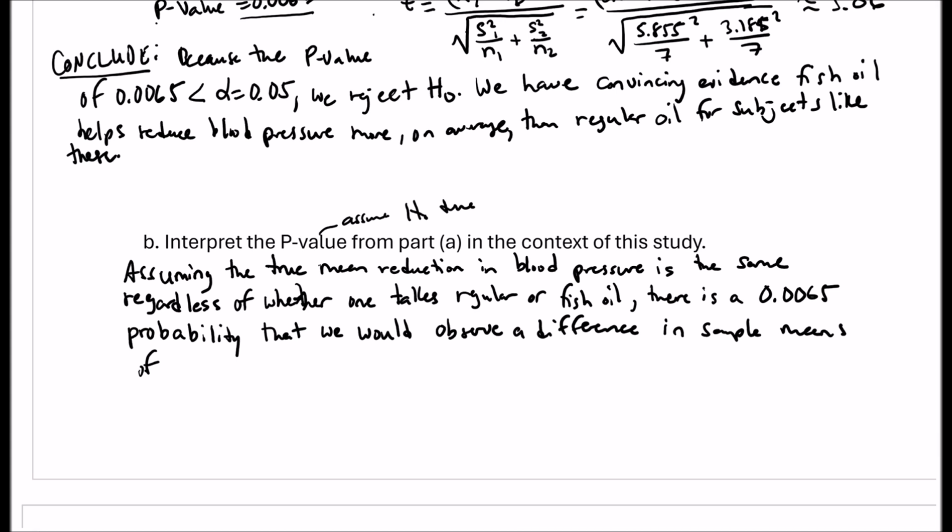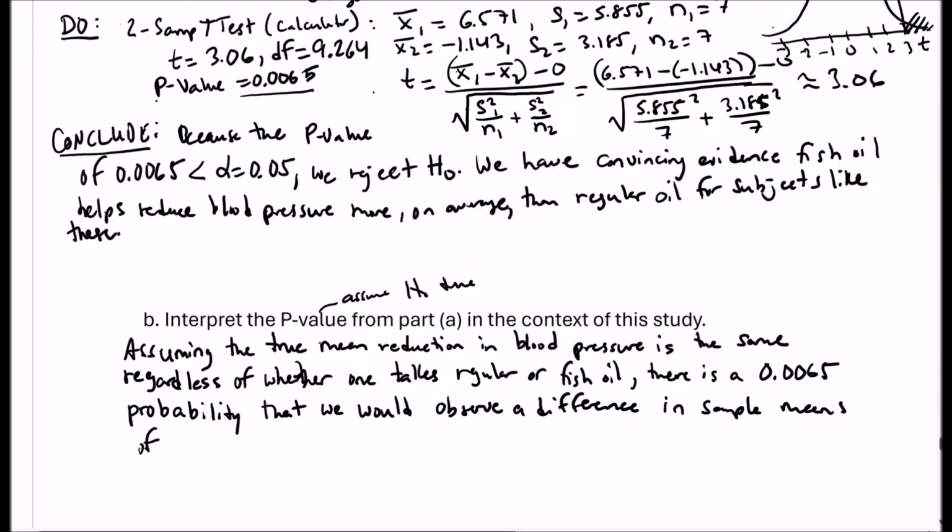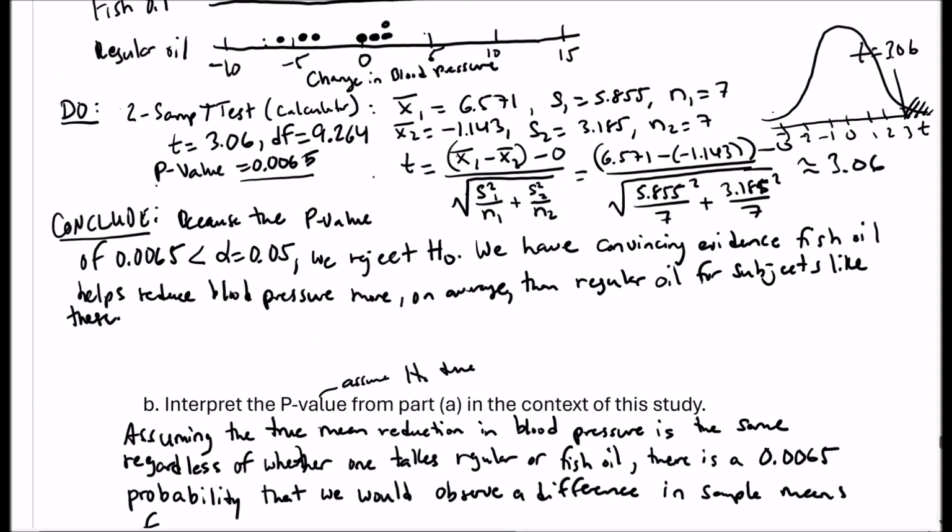I didn't write it down. So the difference was, let me put what the difference was. So the difference was this numerator, which is 6.571 minus negative 1.143. Double negative turns into positive, so really you're adding these.